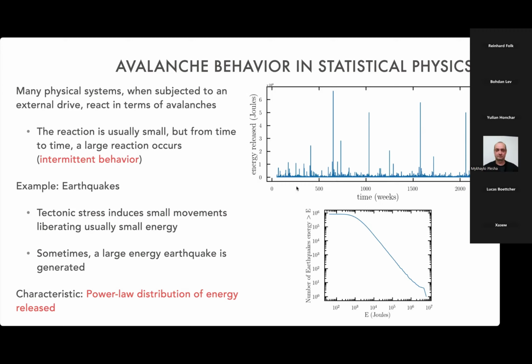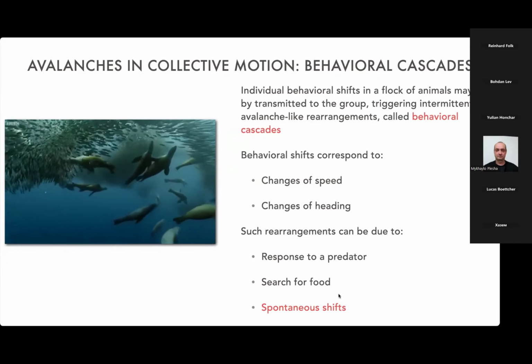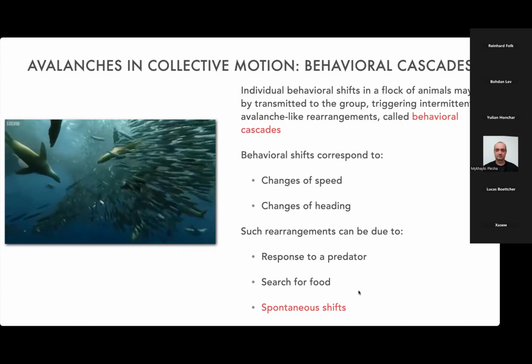These behavioral changes can be measured in terms of changes of speed or changes of heading, the direction of movement, and they can be due to a response to the presence of a predator, like in this movie, or the search for food. But they can also, and this is what we will be studying here, be produced spontaneously in freely moving animals that have no predators and are not hungry.